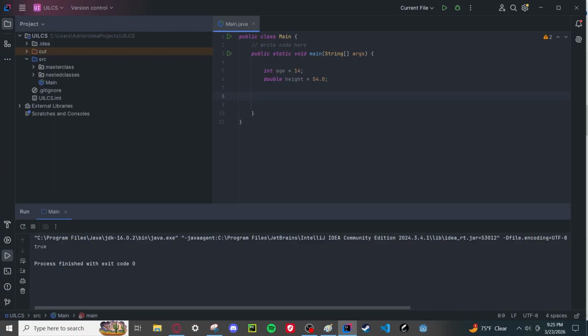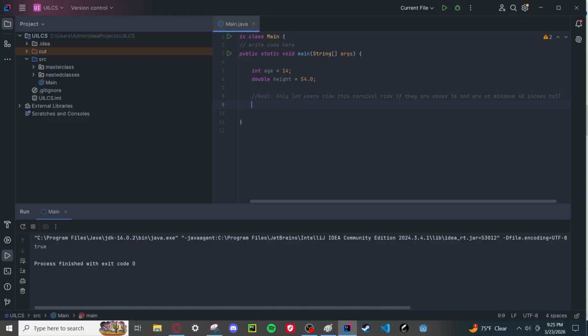In order for me to demonstrate AND a little bit better, let's look at it in the context of this example with age and height. Let's say you're writing a program, and the goal of the program is to only let users ride this carnival ride if they are above 16 and are at minimum 48 inches tall.